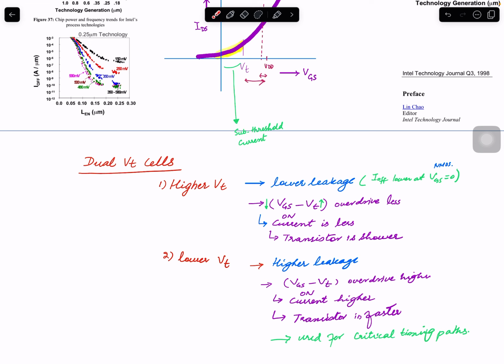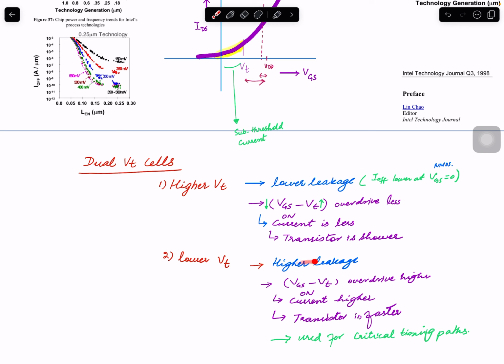So what we do is, in our design, not every timing path is equally critical. There are 5 or 10% of the paths which are super critical. They are setting the frequency of the design, and those are the ones where we need to use faster cells. So there you can use lower VT cells.